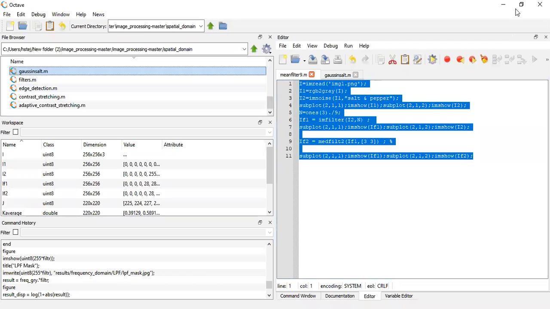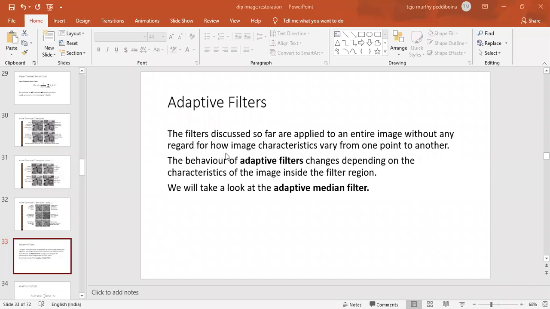Let us go with the adaptive filters then. So what are the adaptive filters? In the previous filters, whatever we have discussed, the size of the filter is constant, and the second one is the coefficients are also constant.